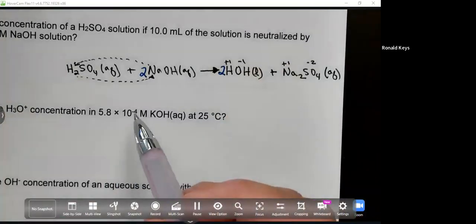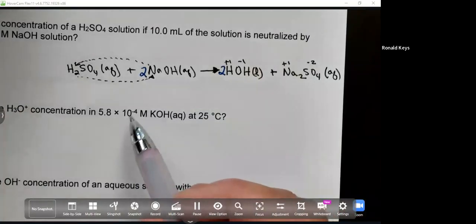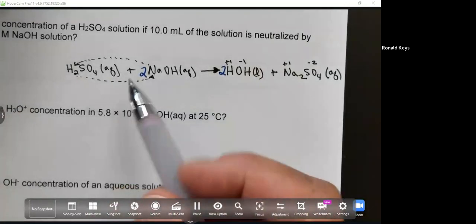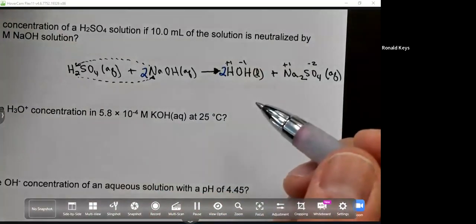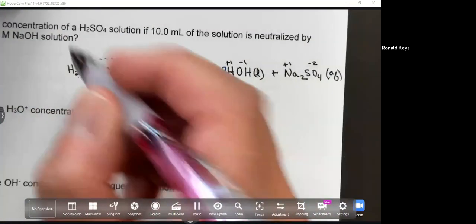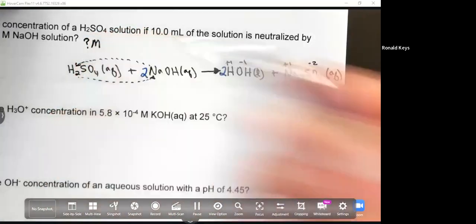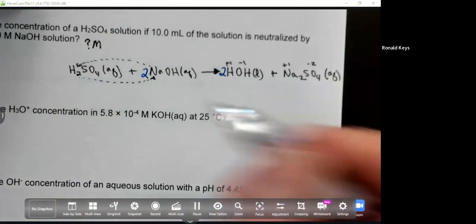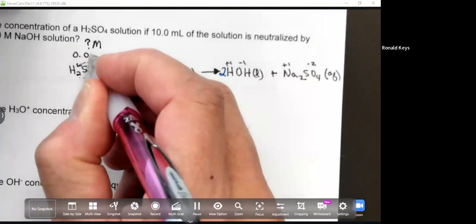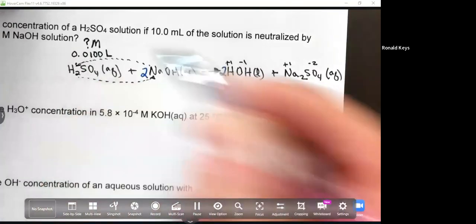So we'll set this up, and then after we do the example problems on the learning guide, you'll be able to crank this out. If not, put it on the board next time we meet on Thursday. So what is the concentration of H2SO4? We are looking for molarity. 0.0100 liters of the sulfuric acid.